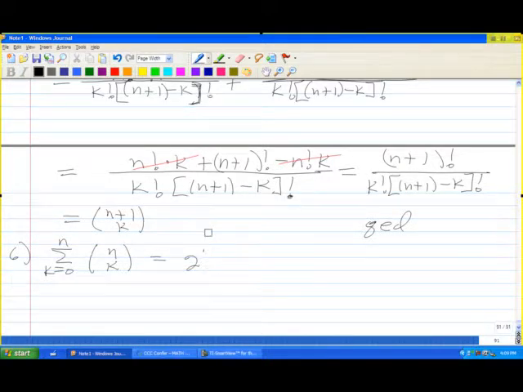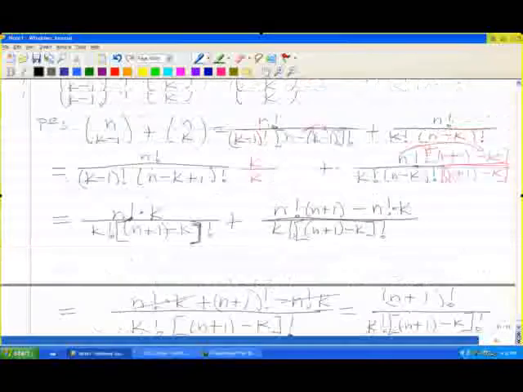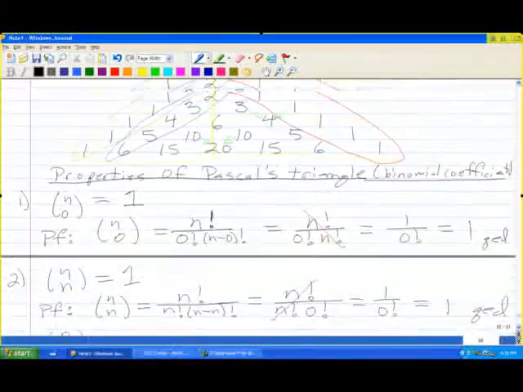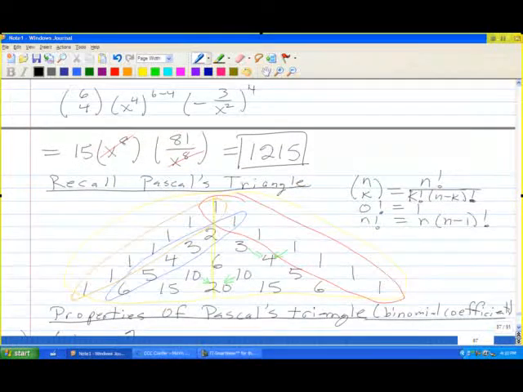If I look at all of these, this is 2 to the 0.